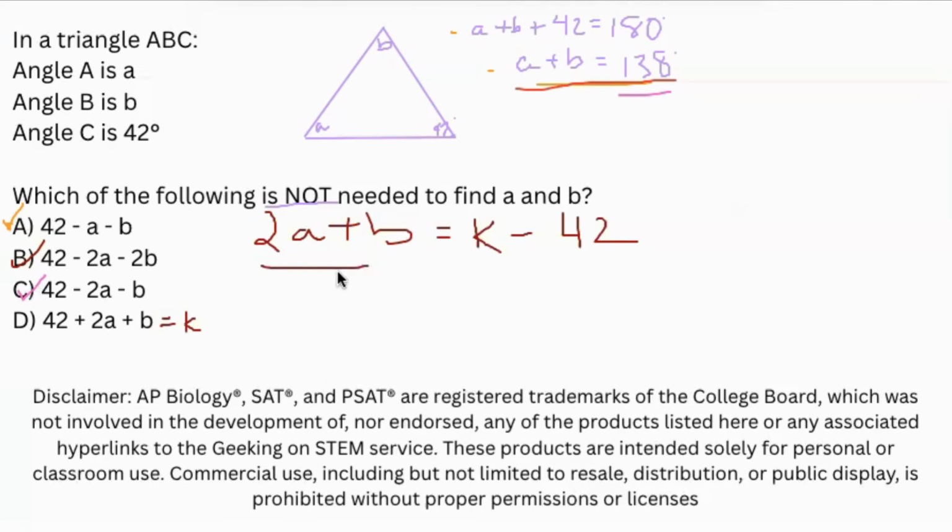Let's just see here. I could try to divide everything by 2, and if I do that, I would have a plus 1/2 b equals K minus 20.